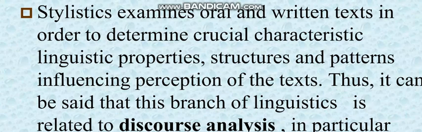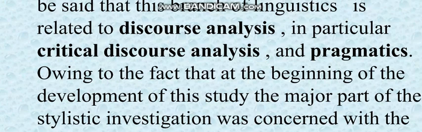Stylistics examines oral and written texts in order to determine crucial characteristics and linguistic properties, structure, and patterns influencing perception of the text. Thus, it can be said that this branch of linguistics is related to discourse analysis, in particular critical discourse analysis and pragmatics.